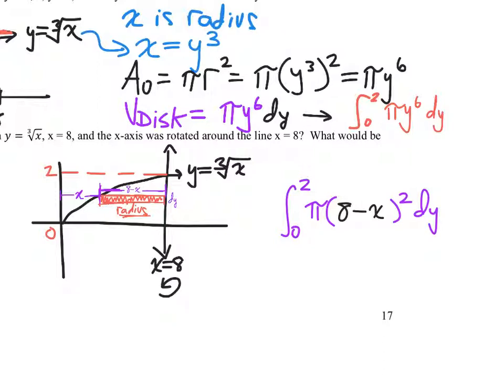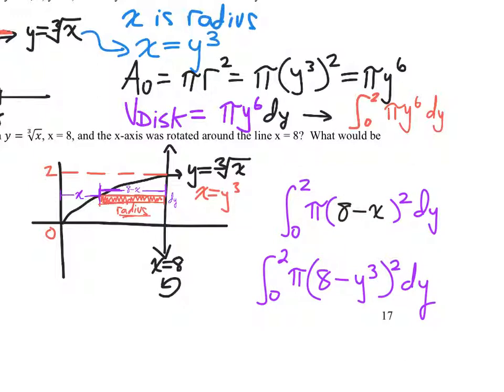So I need to swap the x out for an expression involving y. Same as before, x is equal to y cubed. So 0 to 2, pi times 8 minus y cubed quantity squared dy. And that would be your integral.